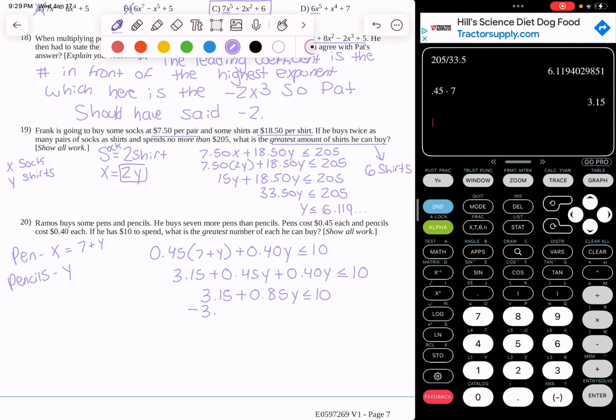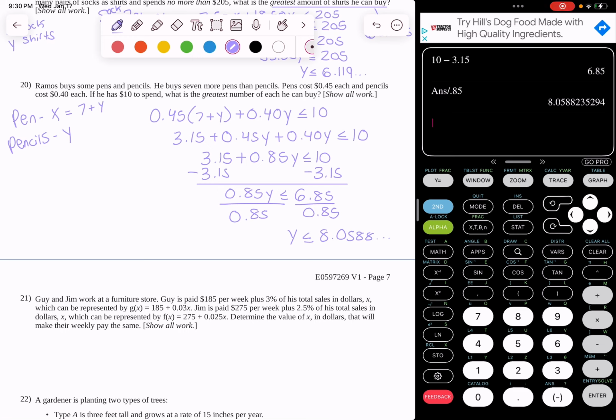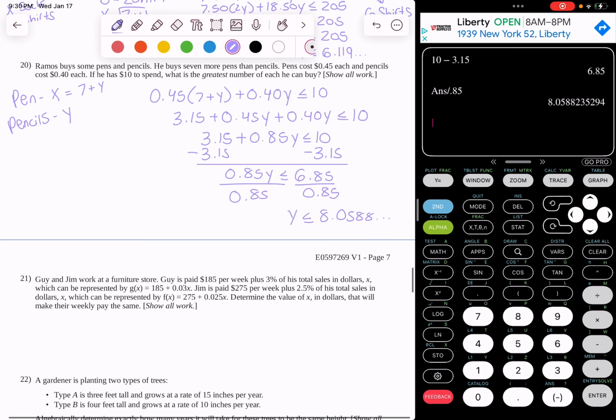We are then going to subtract 3.15, and we will get 0.85y is less than or equal to 10 minus 3.15, which is 6.85. I'm then going to divide by 0.85, and I get y is less than or equal to 8.0588... So the maximum number of each he can buy is, well, first let's talk about pencils.